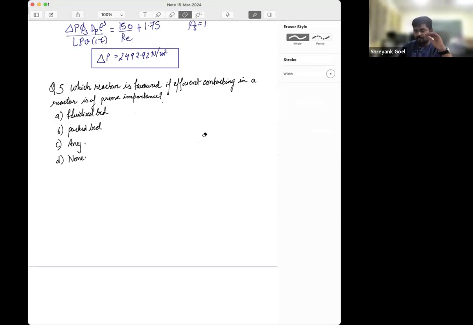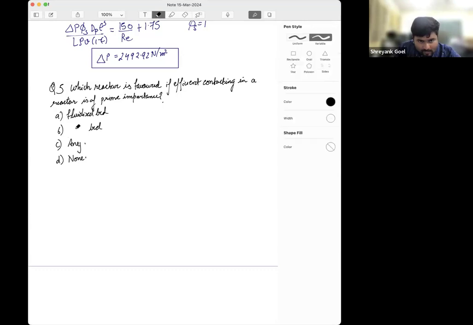If you have the same kind of packing and everything is same, the only difference is that one is fluidized bed, another is fixed bed or packed bed. So for me, the answer is fixed bed reactor, and the reason is this.